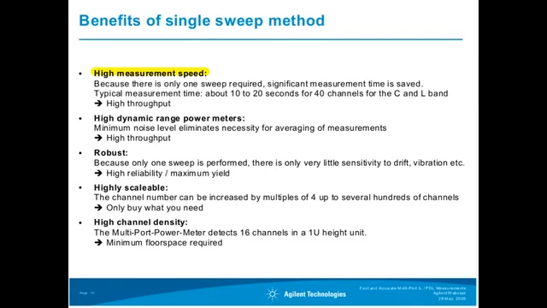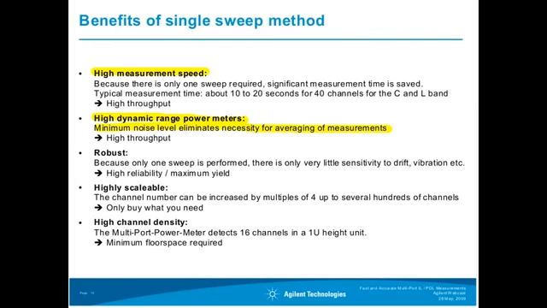The high dynamic range of the power meter has a number of advantages, and one of the advantages is that the minimum noise which is contributed eliminates the necessity for averaging multiple measurements. So you just do one measurement and that's it.